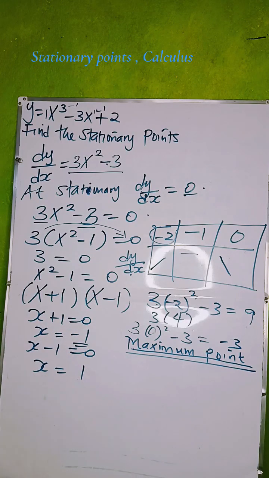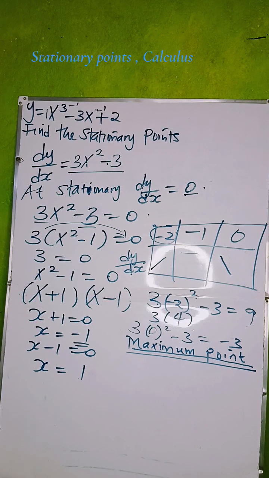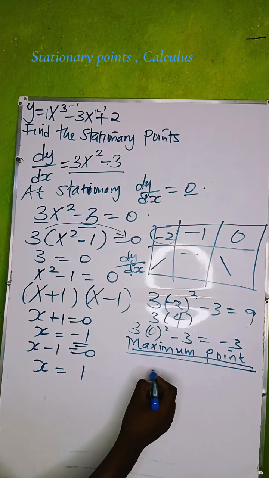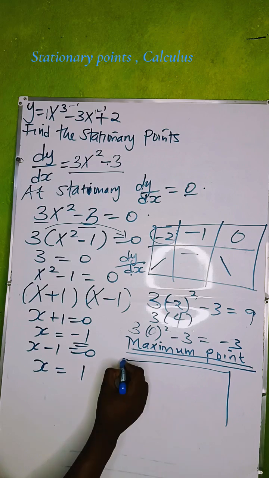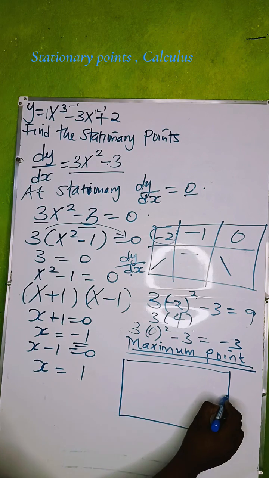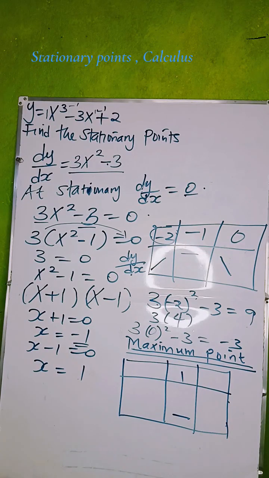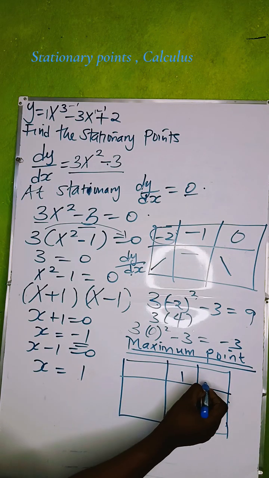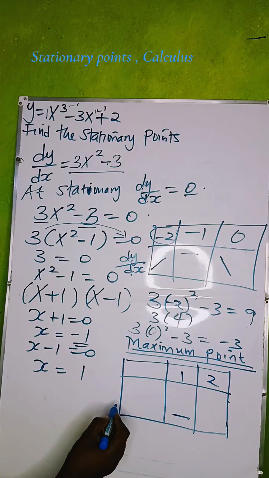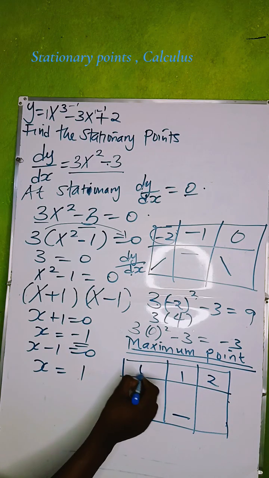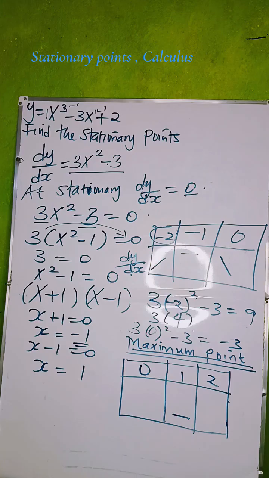Let's check when x is 1 and see whether it is maximum or minimum point. So when x is 1, you will come up with a table which looks like this. We have 1, and then you can move to 2 and to 0 on the other side.